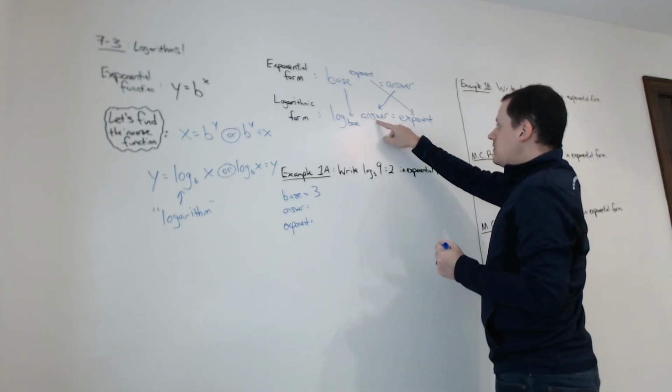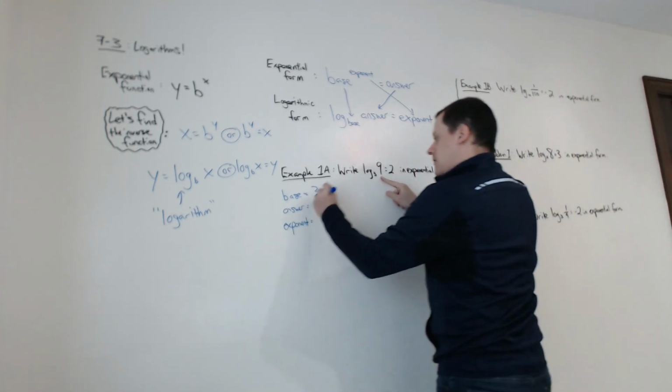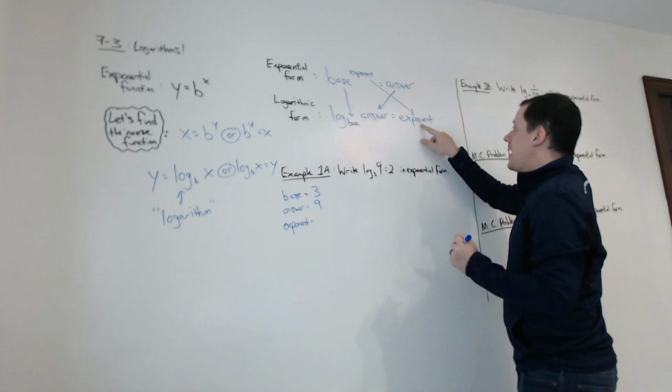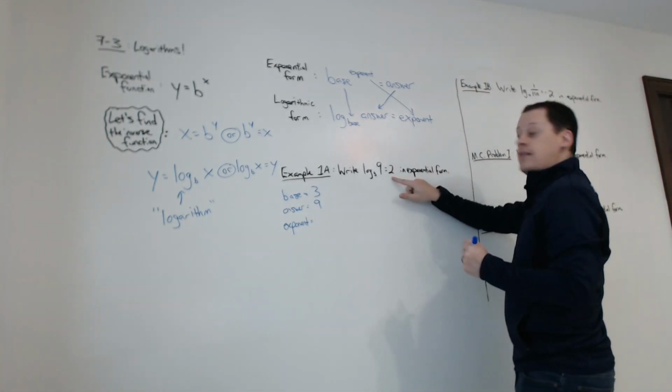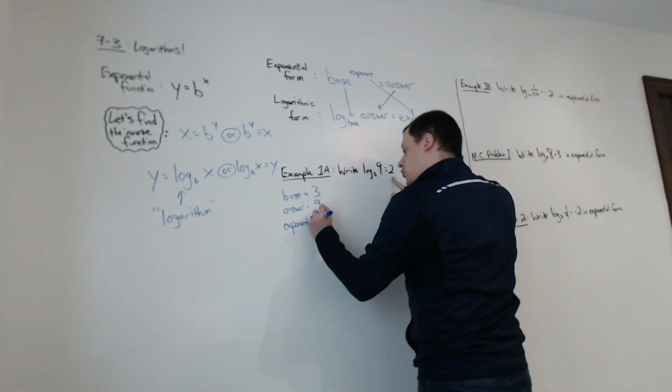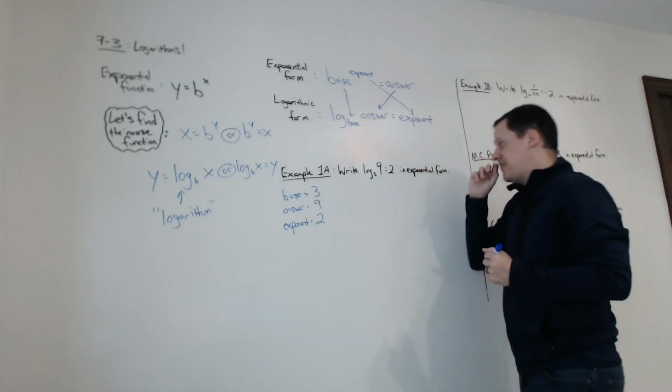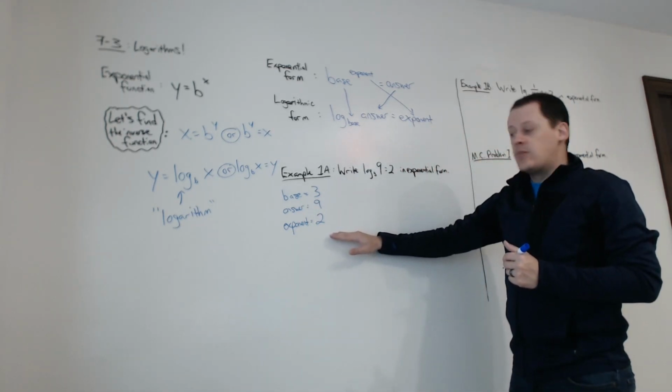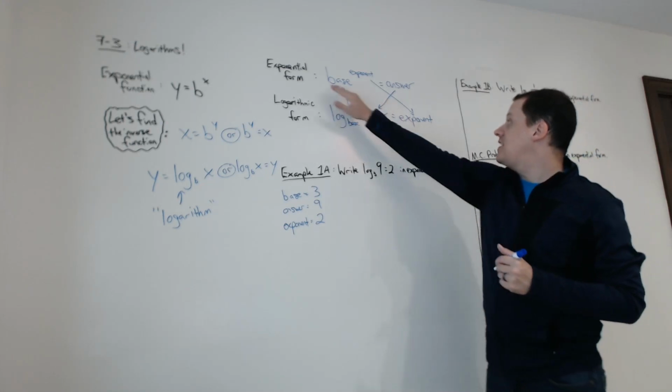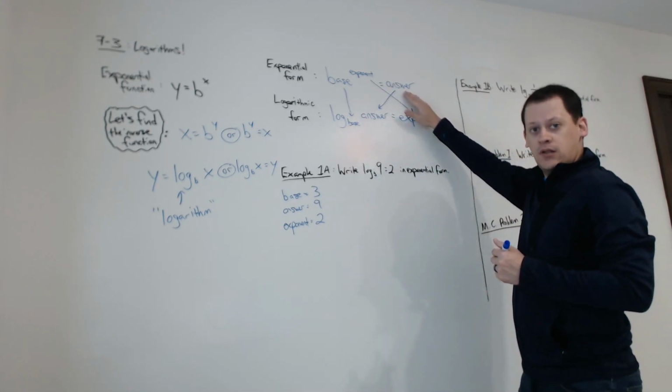The answer is the number right next to it, that's 9. And the exponent is what's after the equal sign. In this example, that is a 2. So we know what these three things are. We should be able to write that now in exponential form.